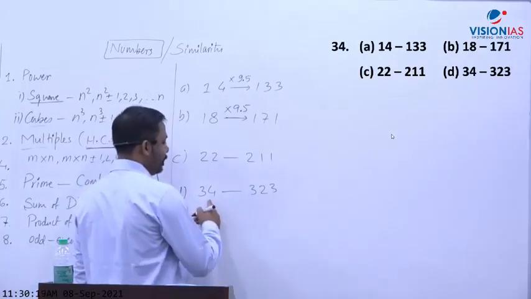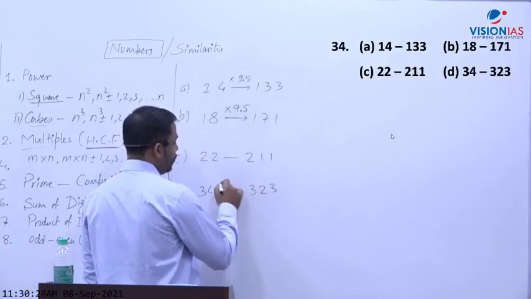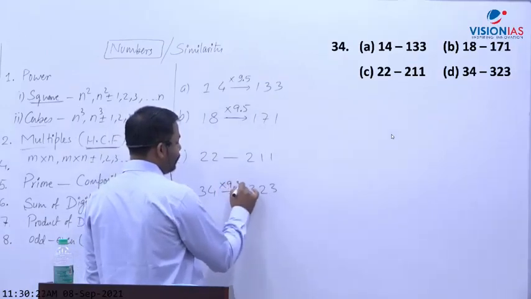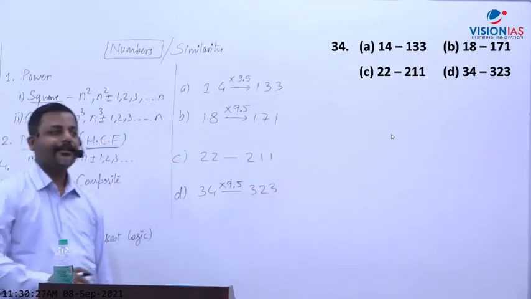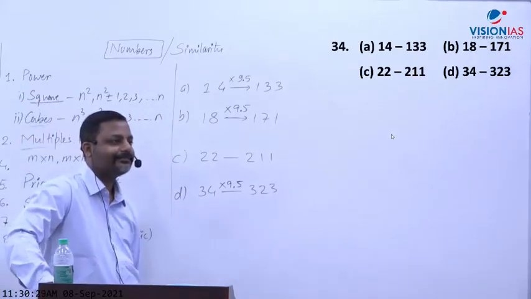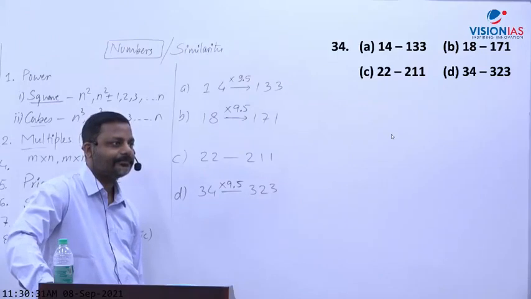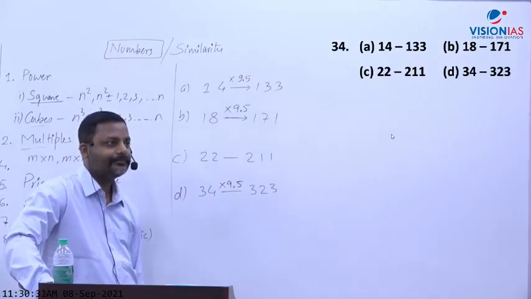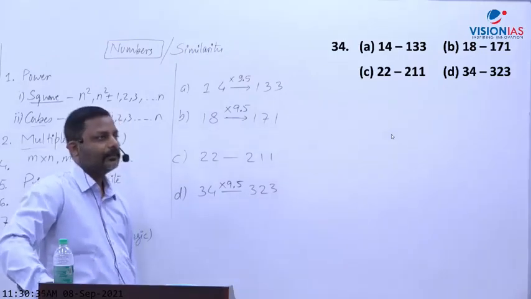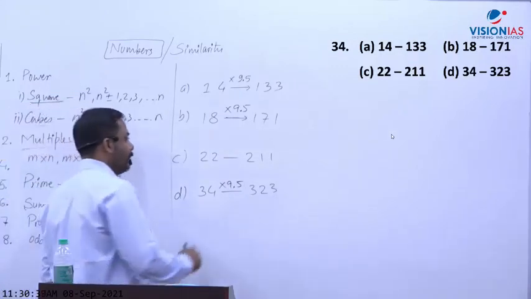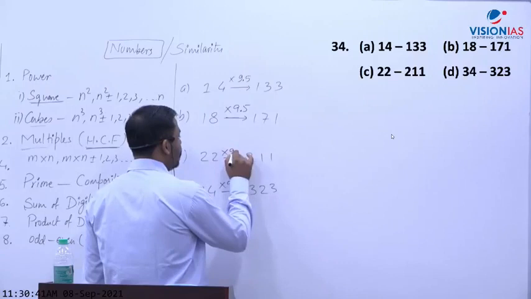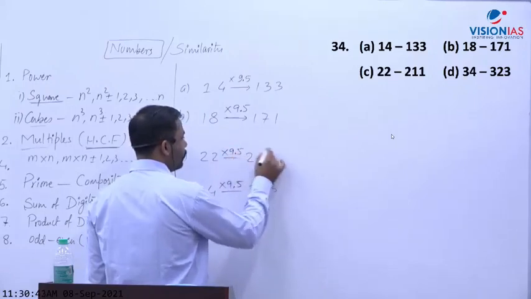And in case of 34, here also 34 multiplied by 9.5 is 323. Try to follow the sequence, but here it is not multiplied by 9.5.